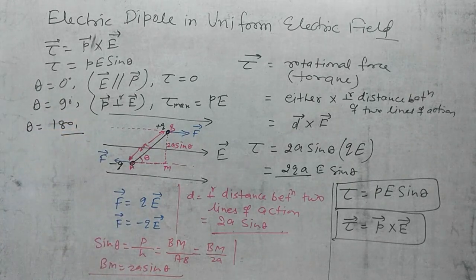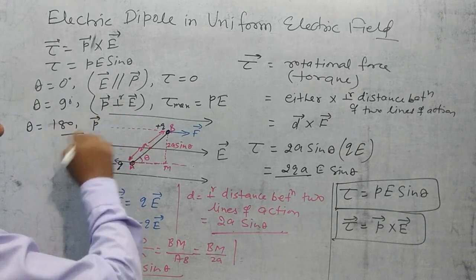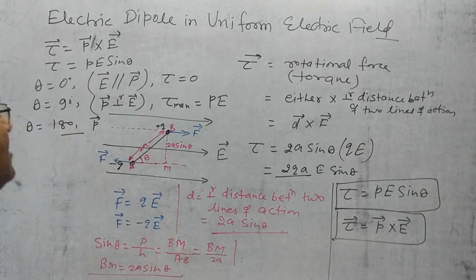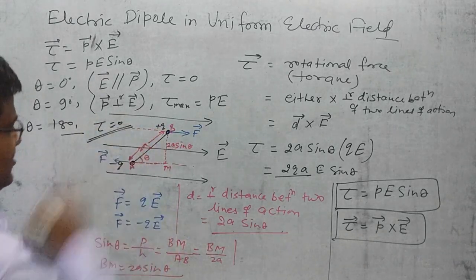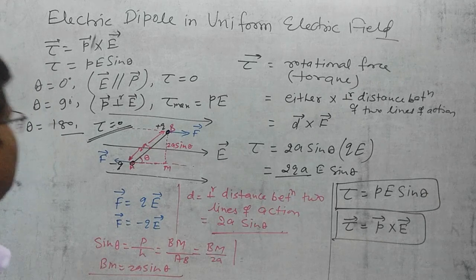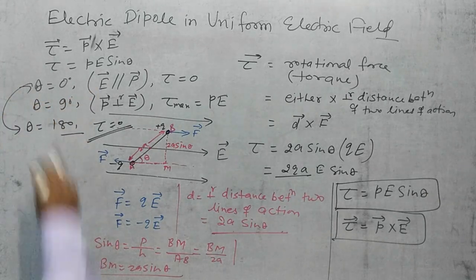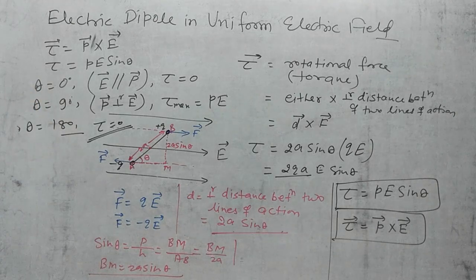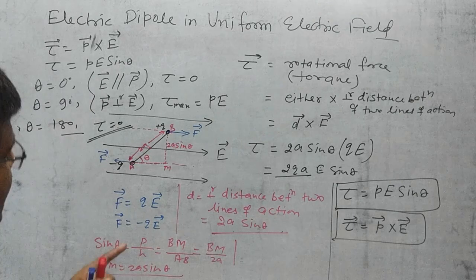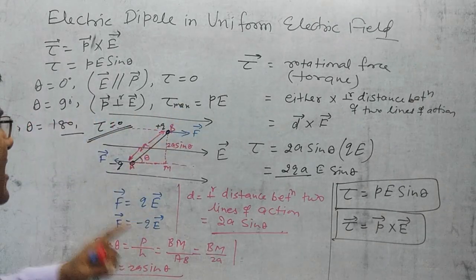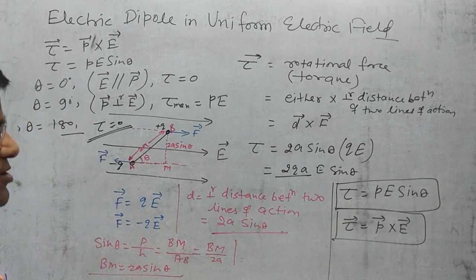Again torque is 0, because p vector and E vector are anti-parallel to each other. In parallel or anti-parallel cases, sin theta becomes 0 and tau becomes 0. At 90 degrees it is maximum, and everything in between gives some value of torque.